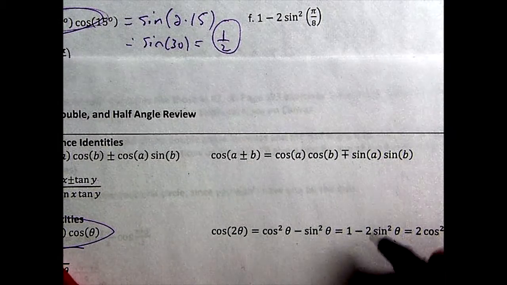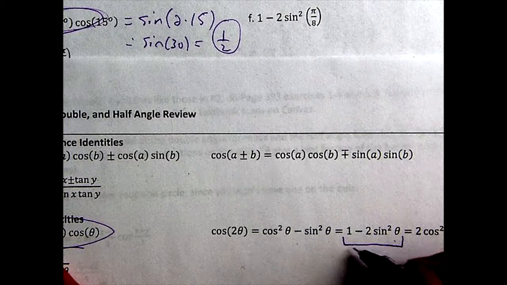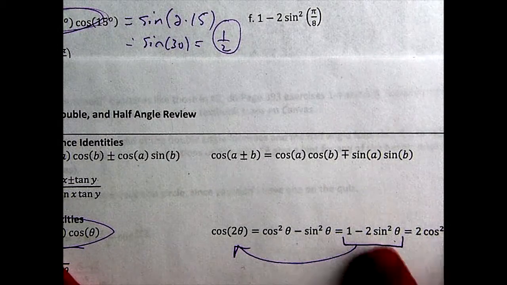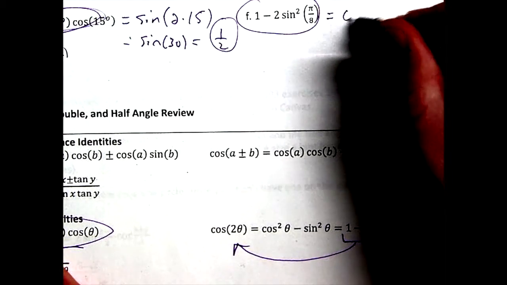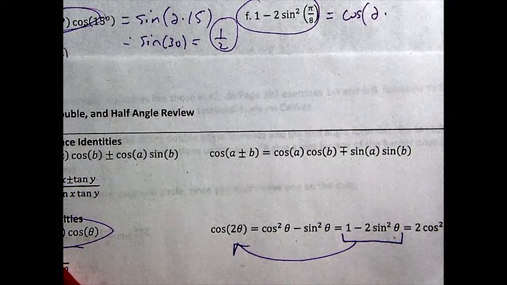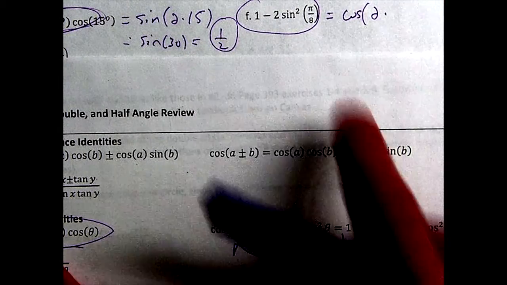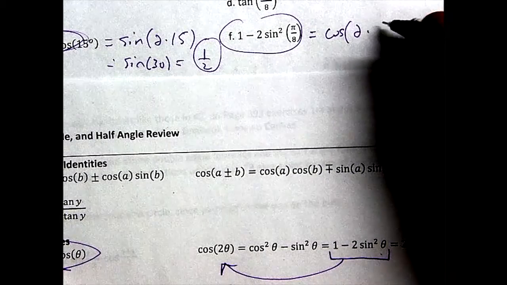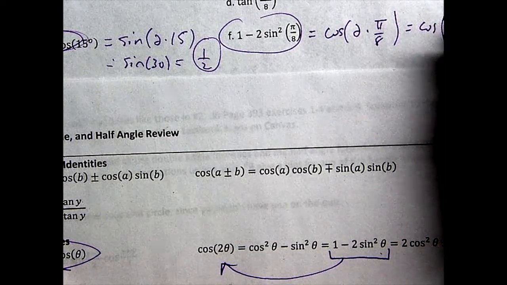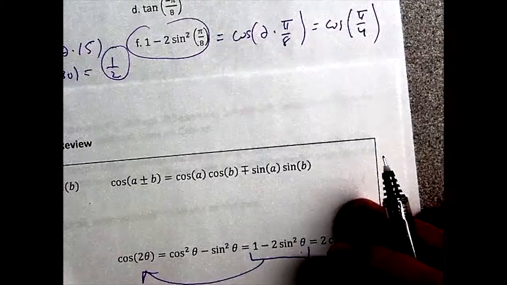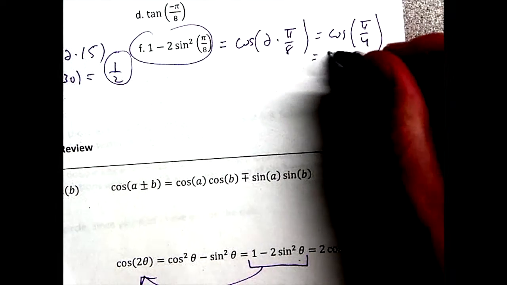So reading this identity backwards, you can see that this expression is just cosine of 2 theta. And what was theta? Theta was pi over 8. So cosine 2 times pi over 8, that's cosine of pi over 4, isn't it? Which, of course, we know is root 2 over 2. So that's how that works.